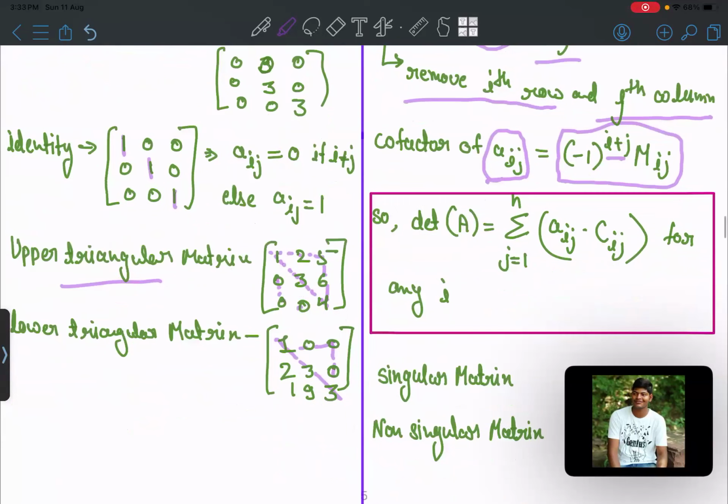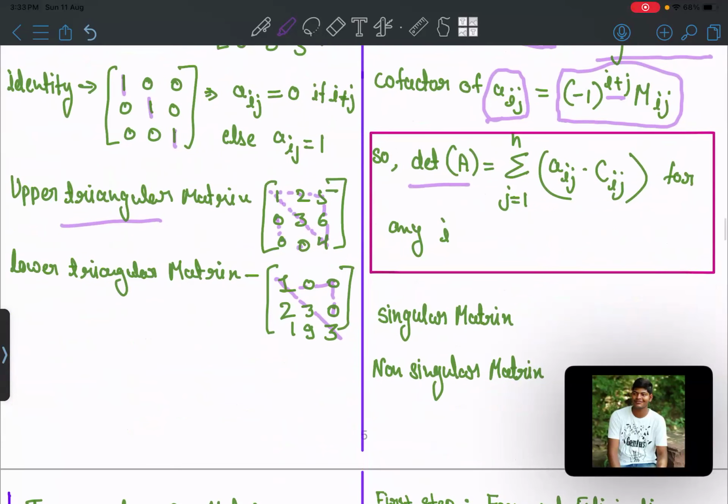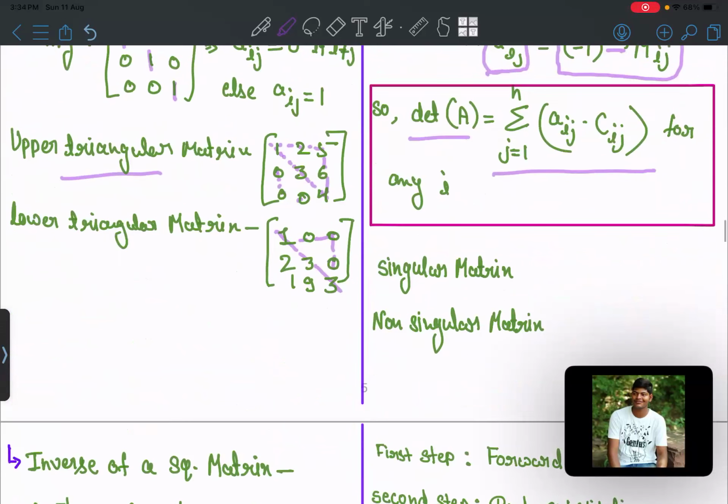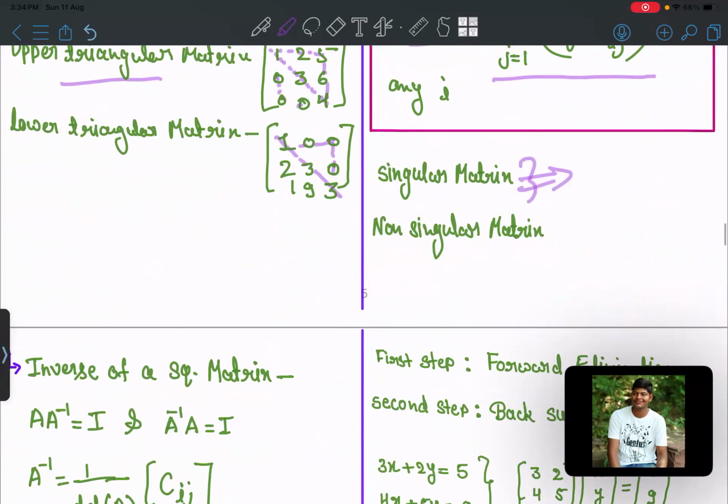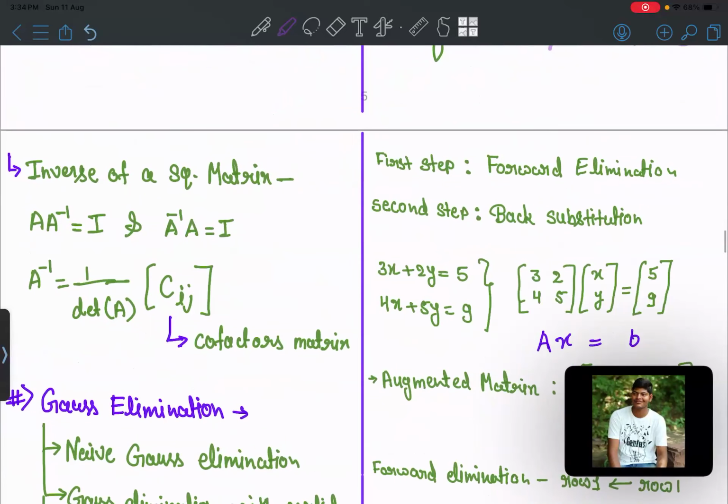The determinant is the summation of Aij multiplied by the cofactors, where j goes from 1 to n, for any row. Then a singular matrix is one whose determinant is 0, det of A equal to 0. And if the determinant of A is not equal to 0, it is a non-singular matrix.